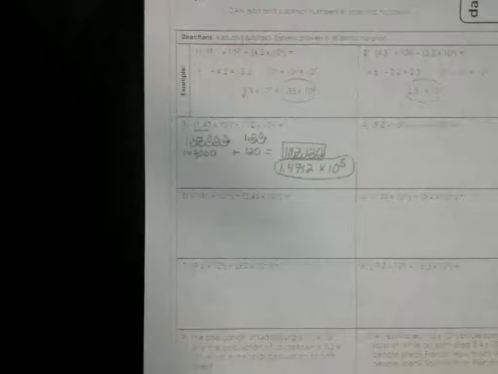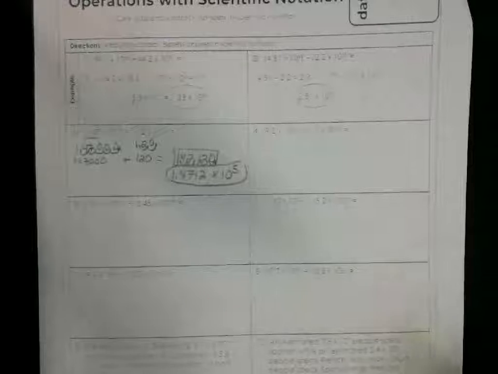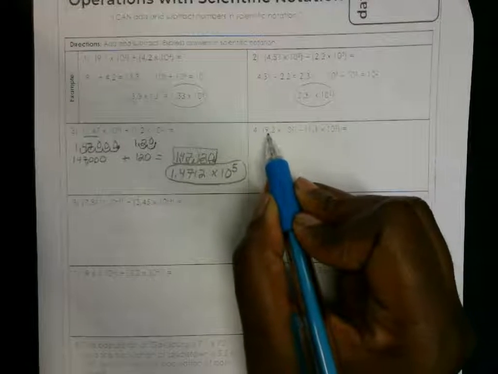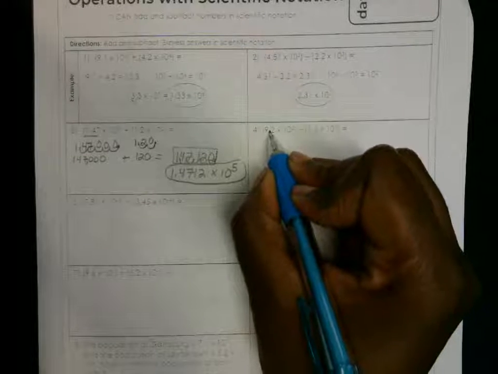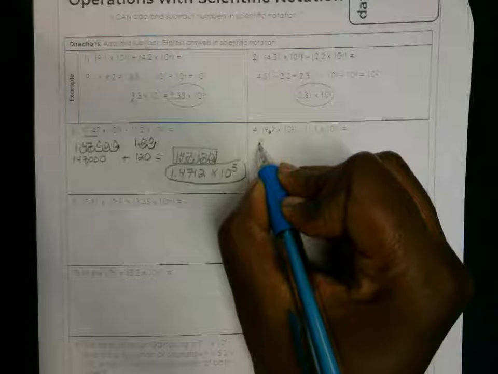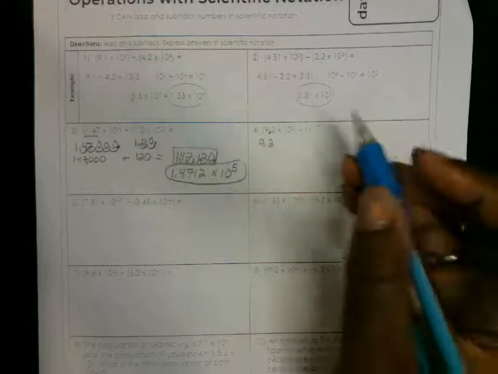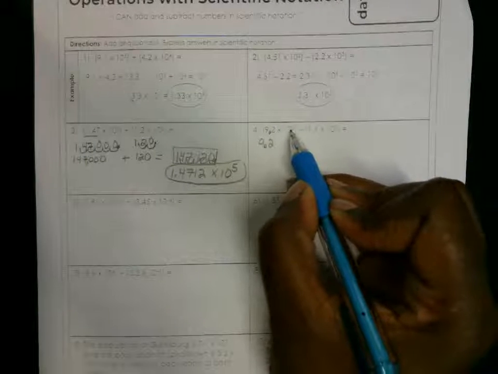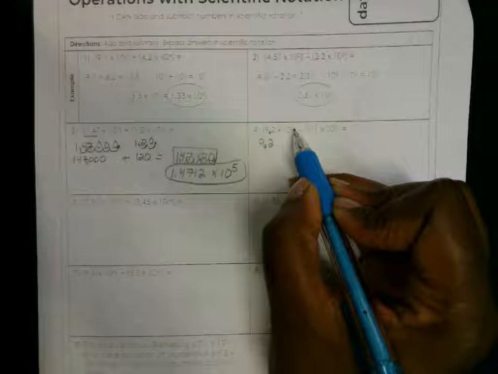Okay? Let's do number 4. Slide it over a little bit. We're going to convert this number back to its original state or standard form. It's written in scientific notation. The decimal's here. Let's rewrite the number. We're going to locate the decimal and move it. It says 10 to the 2nd power.